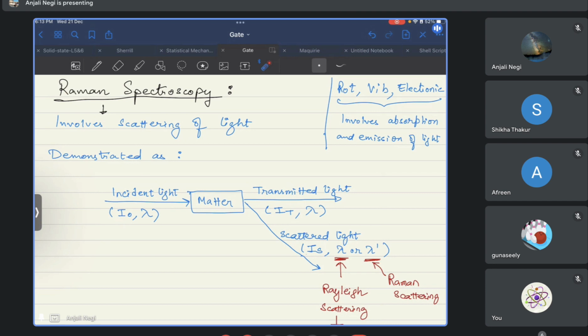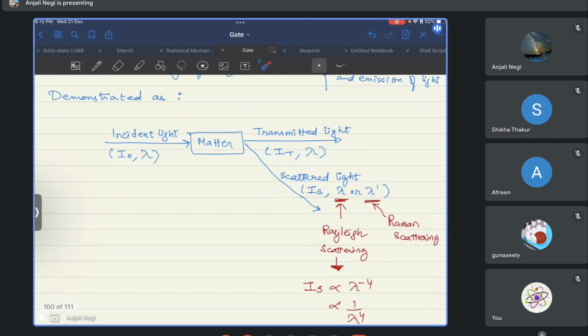Again, I can have another light other than the transmitted light, that is scattered light, which has intensity IS, but the lambda value can be different: it can be the same as the incident one, or it can be different. When my lambda value is the same as the incident one, it is what we call Rayleigh scattering.